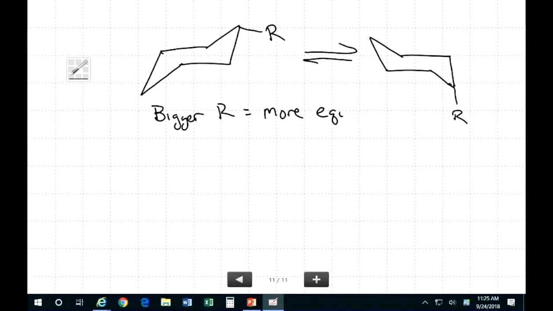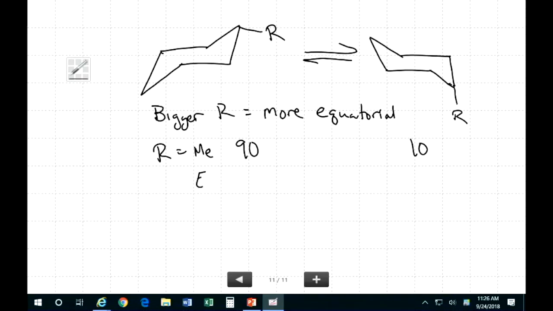So the bigger the R group, the more equatorial we're going to have. So if we have 100 molecules, and R is methyl, we might have 90 of the conformation where R is equatorial and 10 of the conformation where R is axial. These numbers are just ballpark guesses here.